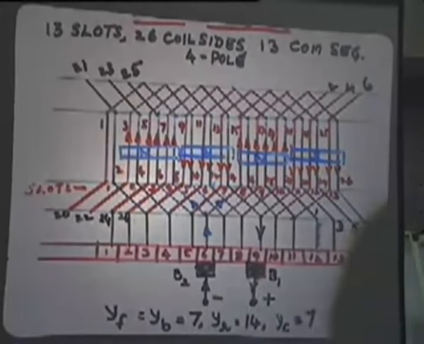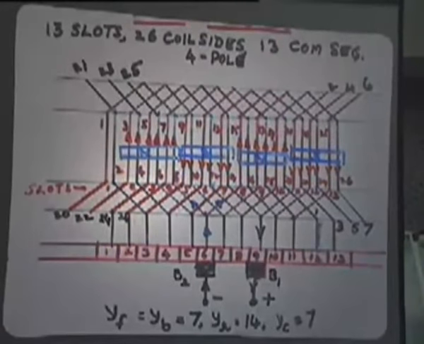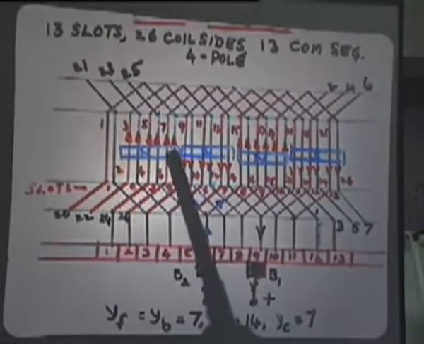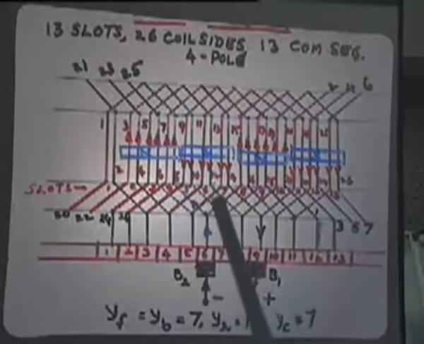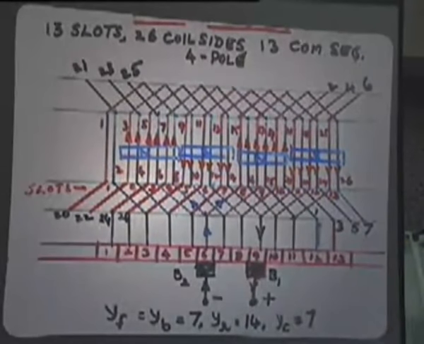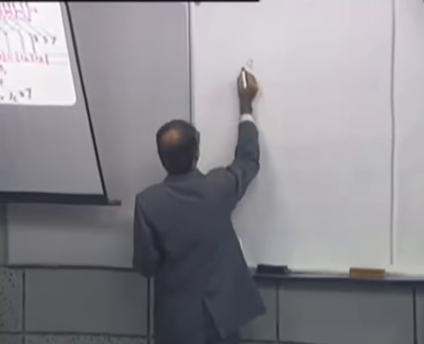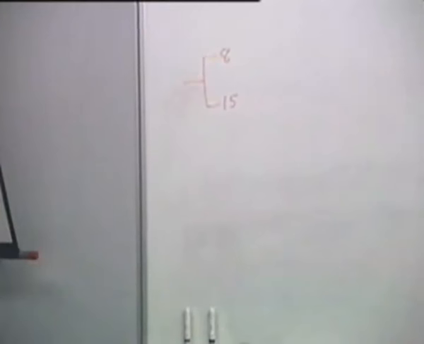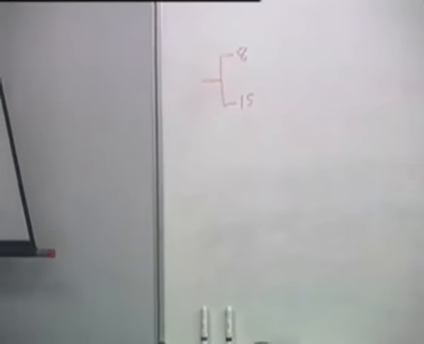Now if we carefully look at the numbering of the coil sides, you will notice that at commutator segment 6 it is branching out through two coils, number 8 and number 15. So let us start from 8 and 15 and see how it traces further. From the 8 and 15 coil sides, we notice that the current is going in.